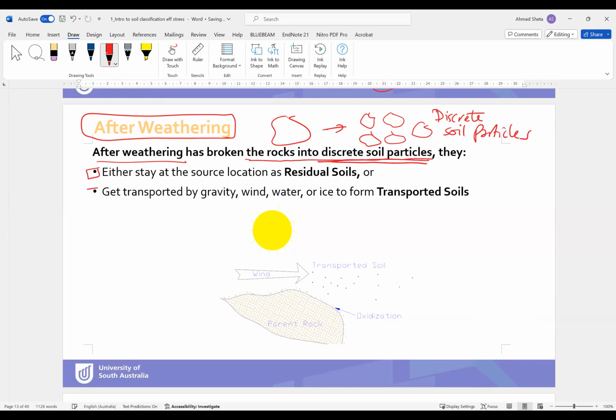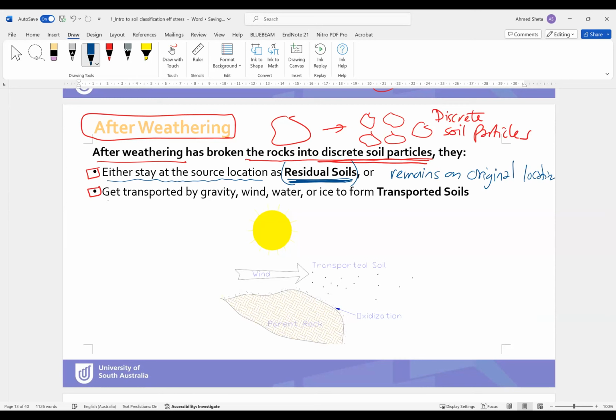There are two options or two scenarios. The first scenario is the soil stays at the source location and will be called residual soil. So if the soil remains on the original location, it becomes residual soil.